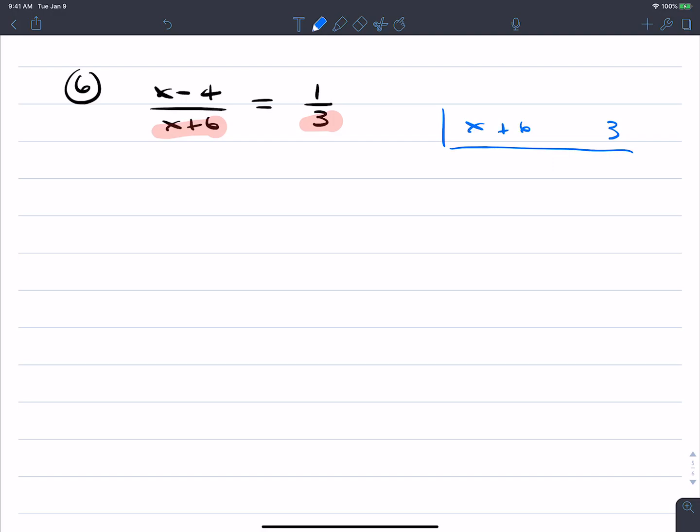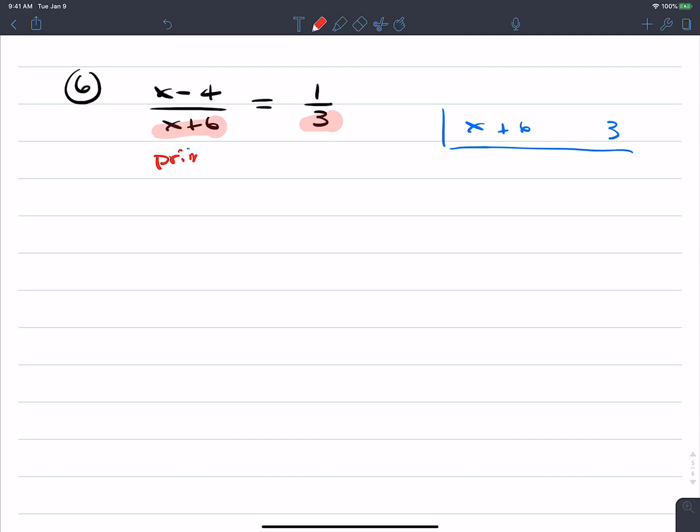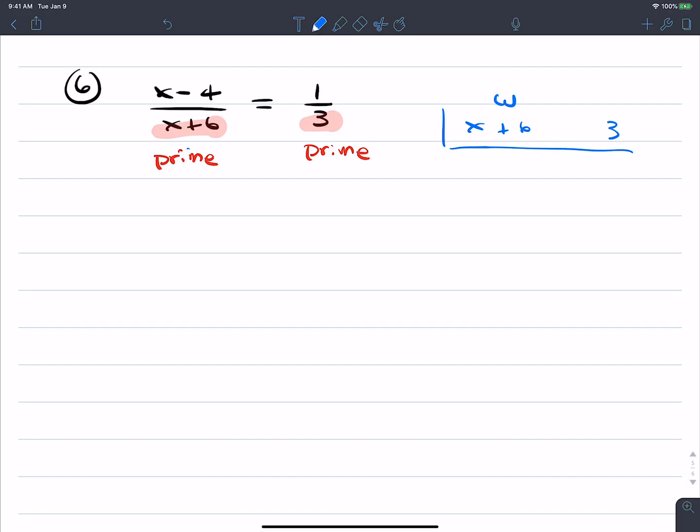Remember, this is just like what we discussed. Isn't x plus 6 prime? Let's go back here. You guys remember this? You got a prime and you got another prime. Both of these are not factorable. So remember what we talked about. If I change this to maybe a w, because it's prime just like x plus 6, what's the LCM going to be?